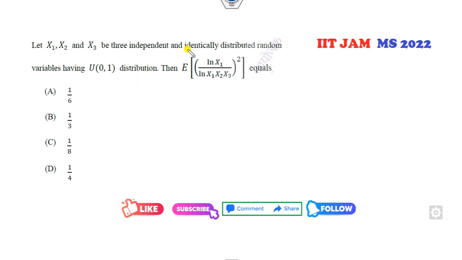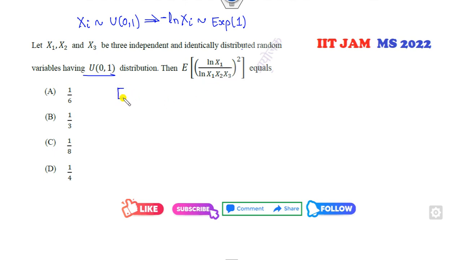Okay, again xi's are uniform distribution of 0 comma 1. So what does that mean? I need ln of x. So minus ln of xi's will follow the exponential distribution of 1. Clear? Now it's squared.